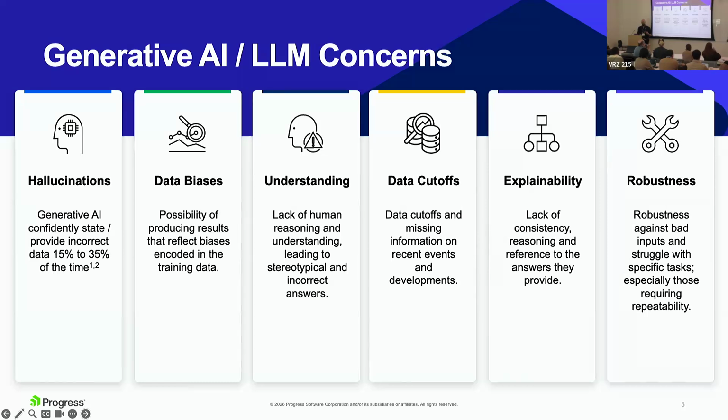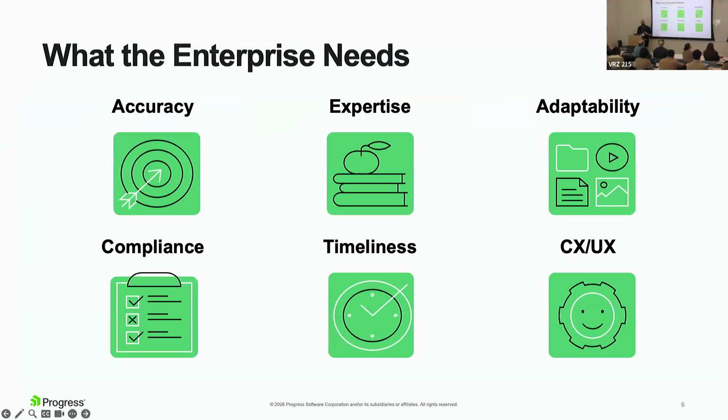So we try to mitigate this as much as possible using a few different paradigms. And when we're talking to our customers, accuracy, expertise, adaptability, compliance, timeliness, and good user experiences are all top of mind, right? It's a lot of things to think about when you're engaging in a new project.